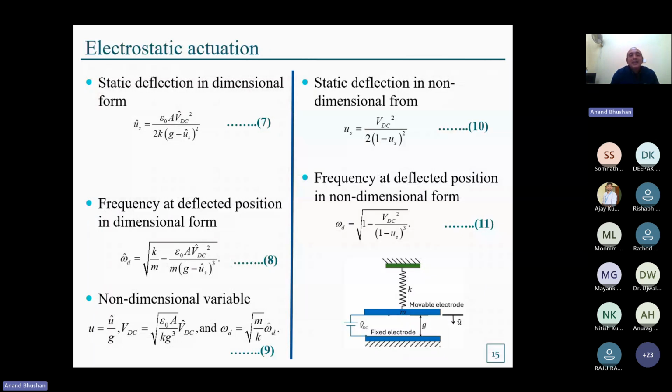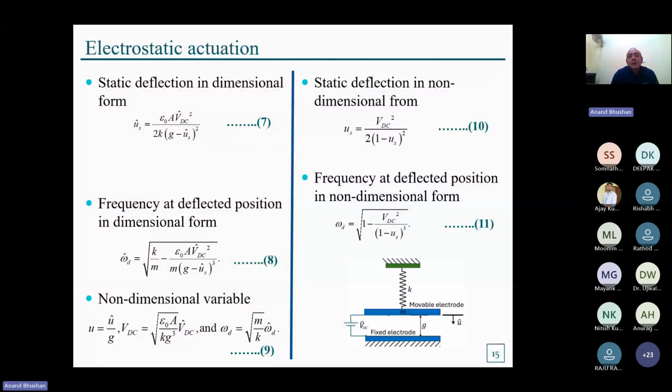For non-dimensionalization, we introduce some non-dimensional variables as in equation 9. Here U, that is the displacement of the mobile electrode, is non-dimensionalized with respect to G. That is, G is the initial gap between the mobile electrode and the fixed electrode. Similarly, we also non-dimensionalize VDC voltage and omega D. Omega D is the natural frequency at the deflected position.